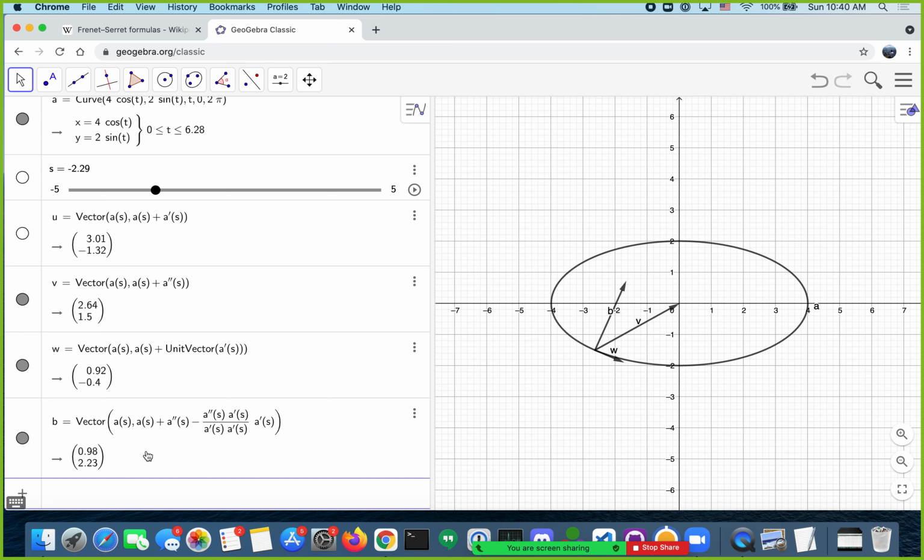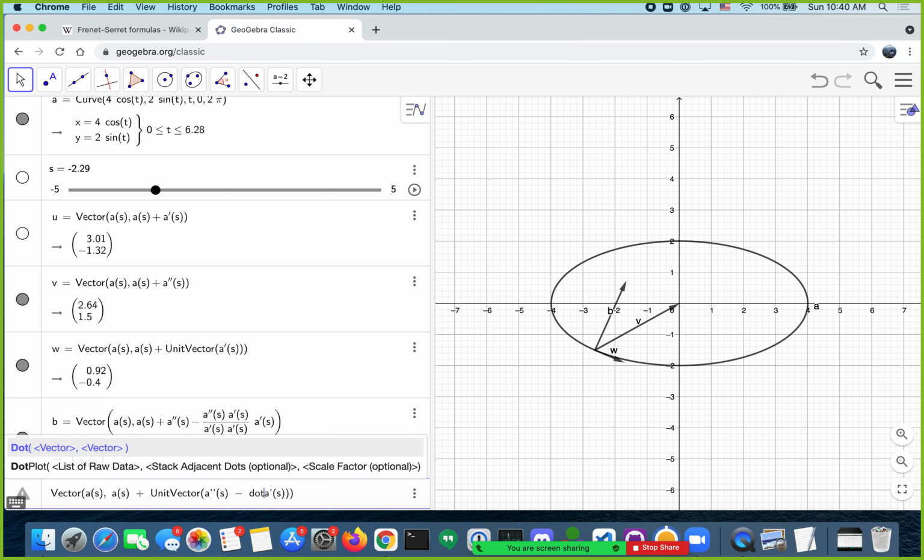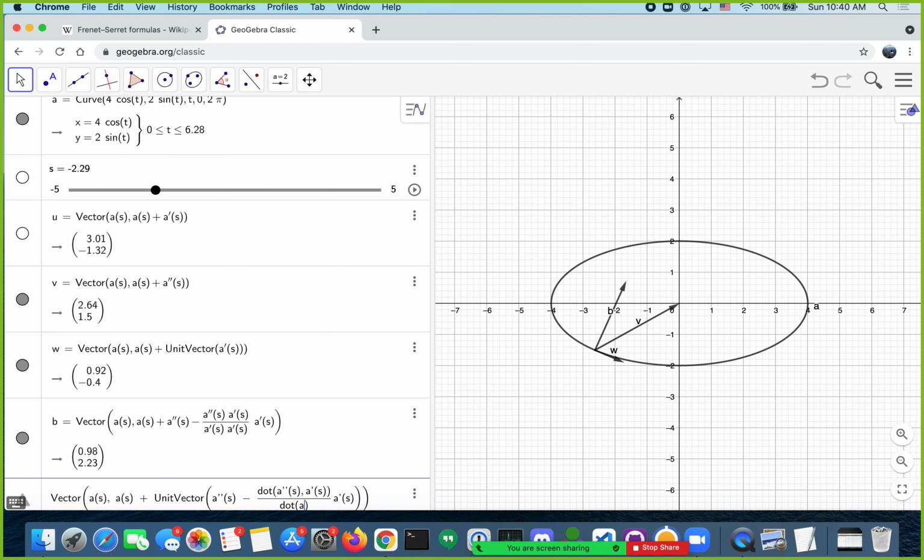And now I need to normalize it, so instead I'll take a of s plus the unit vector in a double prime of s minus a prime of s times some amount. I'm removing this component, so I take the dot of a double prime of s with a prime of s, divided by the dot of a prime of s with itself.